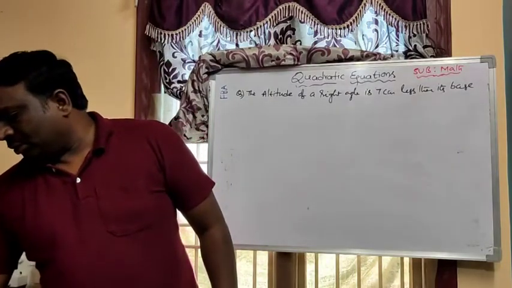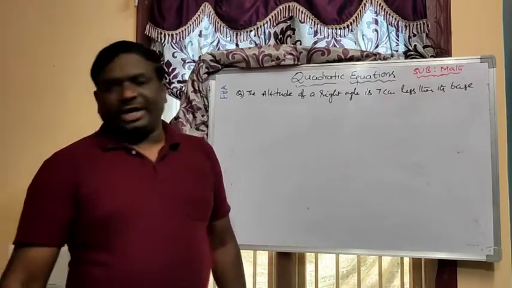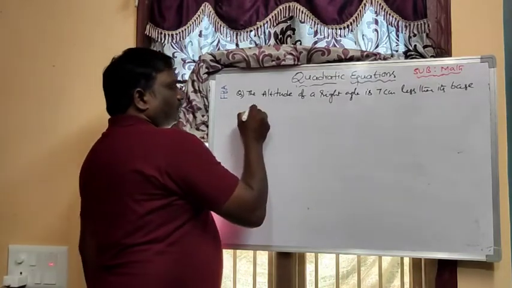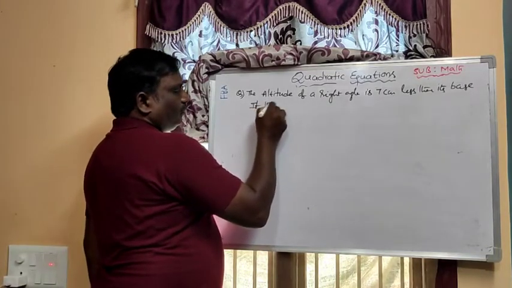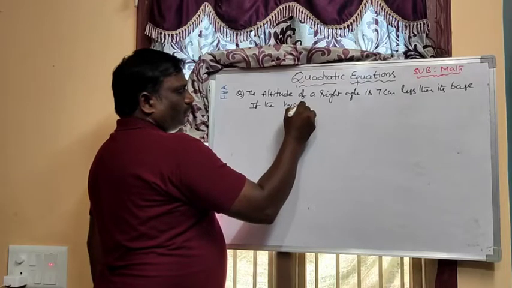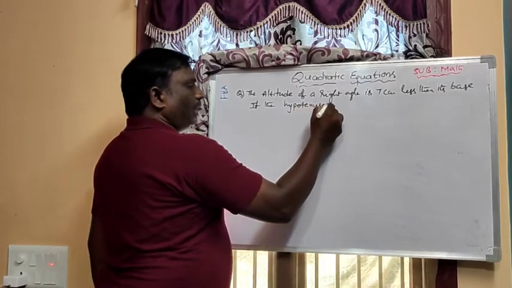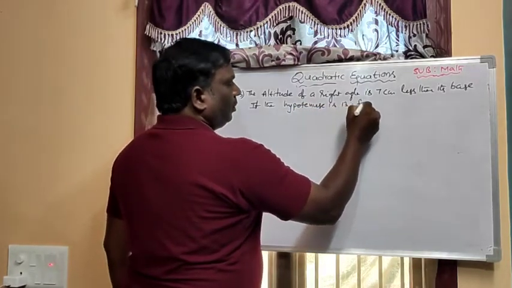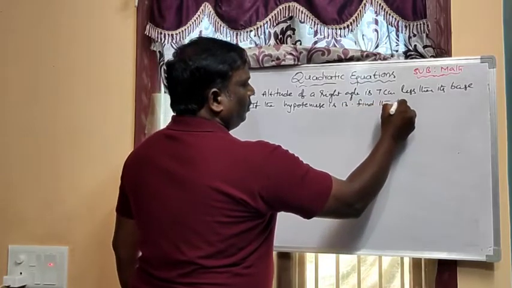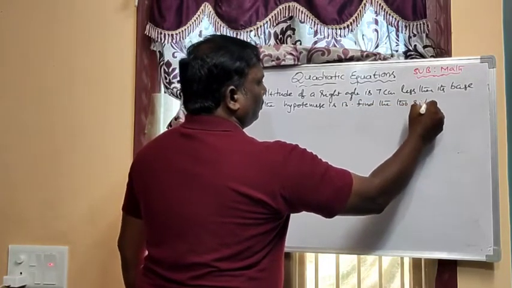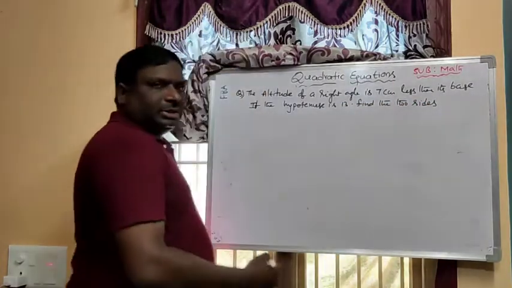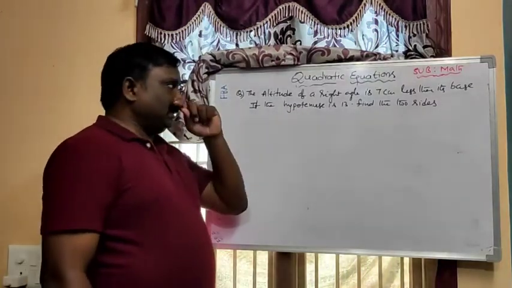And if the hypotenuse is 13, find the two sides. Hypotenuse they gave, we need to find the two sides.